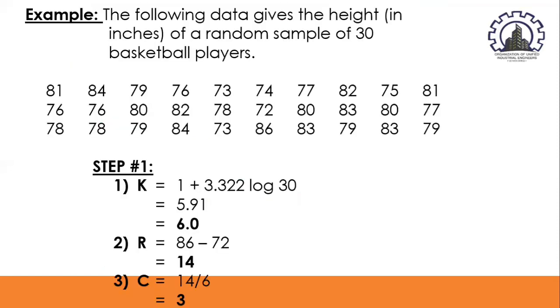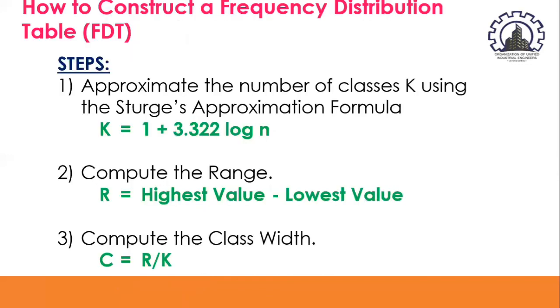Okay, in order to apply our formula, let me give you an example. For example, the following data gives the height in inches of a random sample of 30 basketball players. So you have their raw data. Again, what's step one? Step one is to approximate the number of classes, or K, using the Sturges approximation formula.